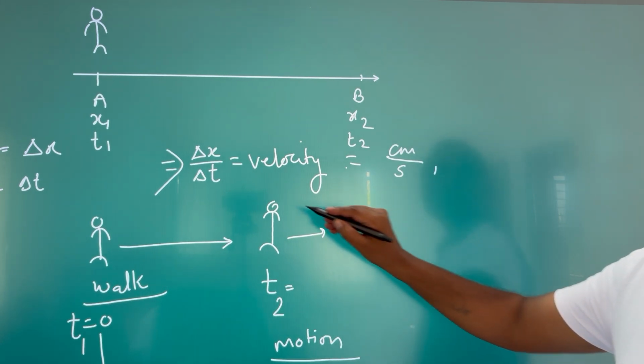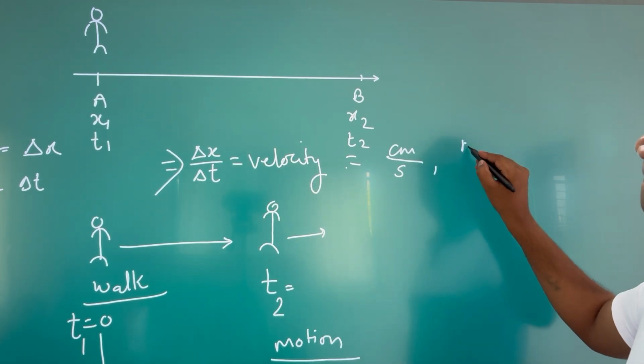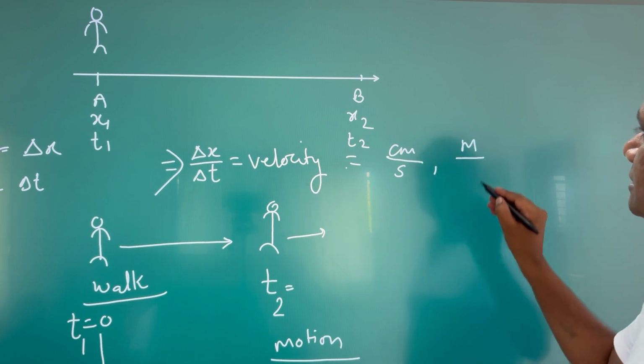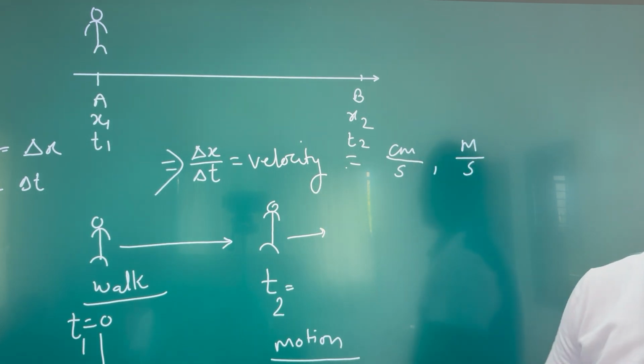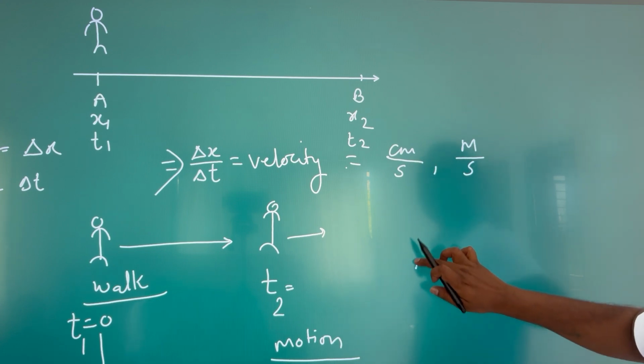If the unit of displacement is a meter and the unit of time is a second, then the unit of velocity is meter per second. Now we got a velocity.